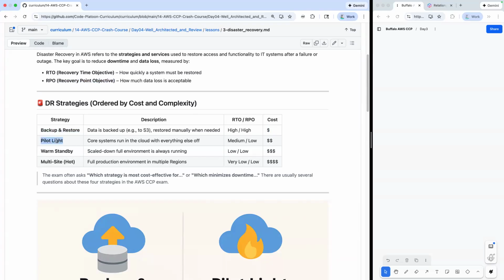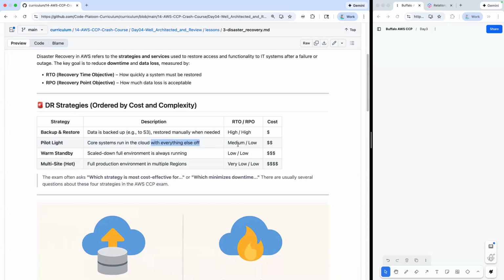A step up is something called the pilot light strategy. Like on your stove, the gas stoves have a little pilot light that's always running. Core systems run in the cloud with everything else off. So you always have core systems running if everything else crashes. And this can reduce the amount of time it takes to recover and reduce the amount of data loss, but it costs more money.